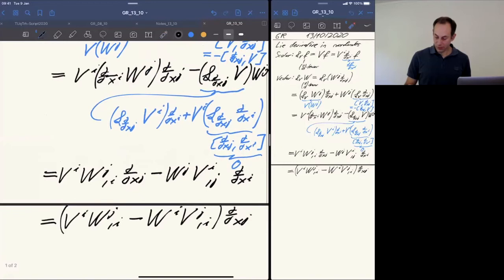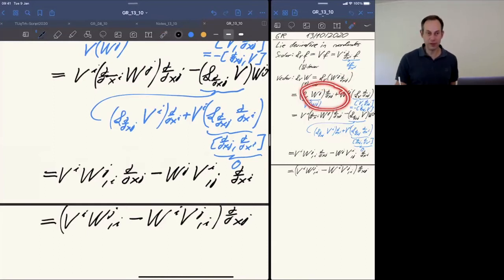Okay, so now it's a bit of a long equation. So what we started with is this thing here. And if you look at the first term after the equality on the right-hand side, then you see that it also has this ∂/∂x^j.